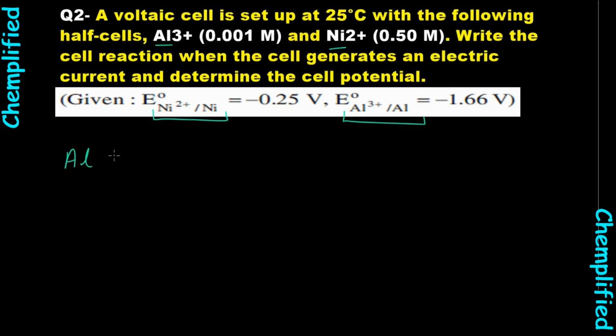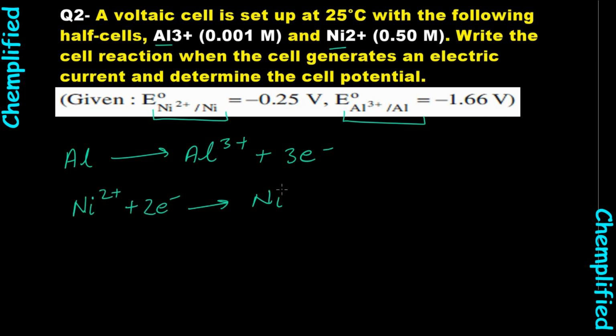You will write aluminum gives Al3+ plus 3 electrons, right? For nickel you have to write Ni2+ plus 2 electrons gives Ni. Now in this case the number of electrons are different, so you have to multiply this complete equation by 2 and this complete equation by 3.